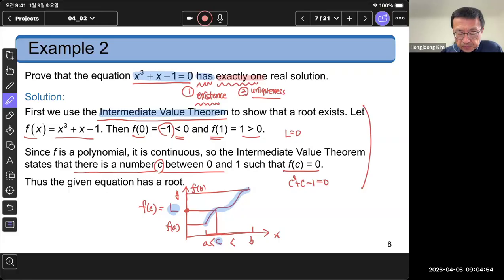That is one of the common usages of the intermediate value theorem in calculus.